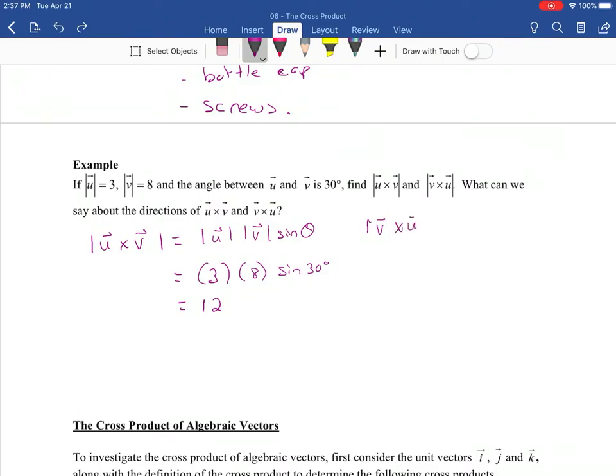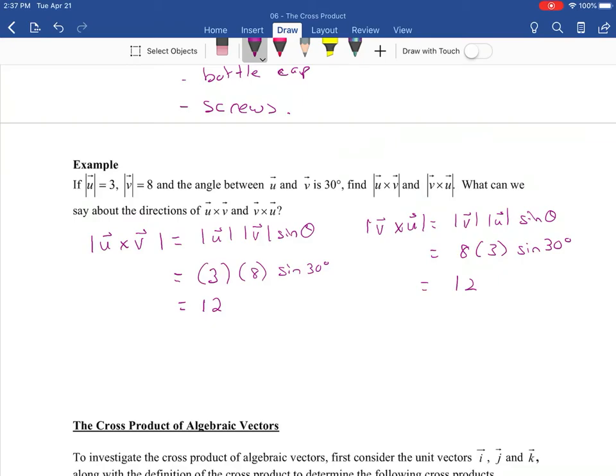Then V crossed with U. We go magnitude V, magnitude U, sine of the angle between them, and here I get 8 times 3 times sine of 30.